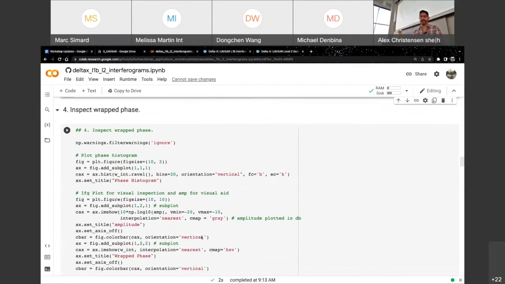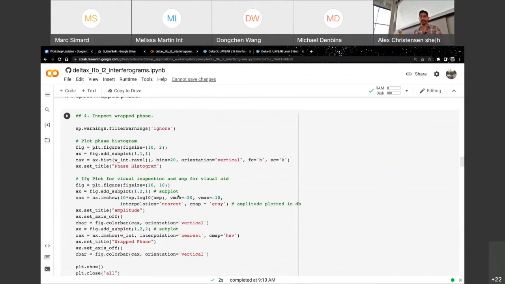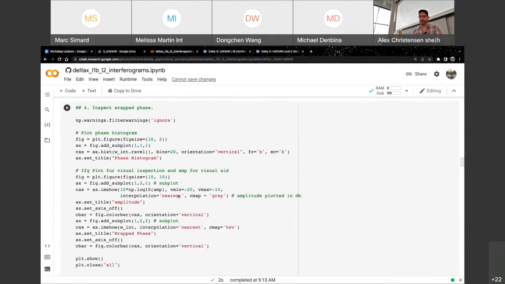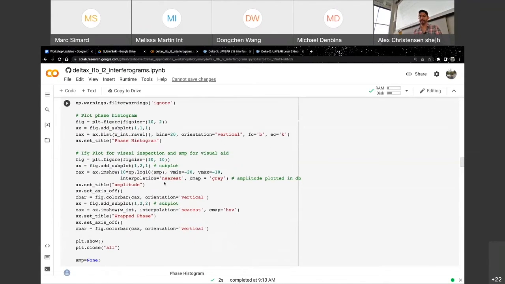But first, let's take a look at how the wrapped phase looks. Just to warn you, here I'm going to plot the interferometric amplitude for visual aid and the wrapped phase.